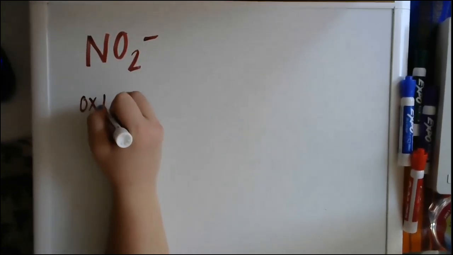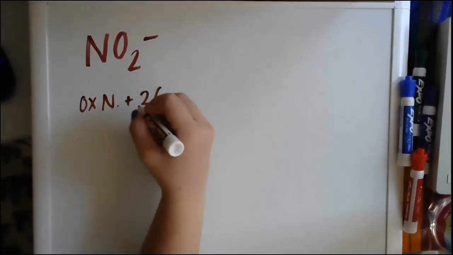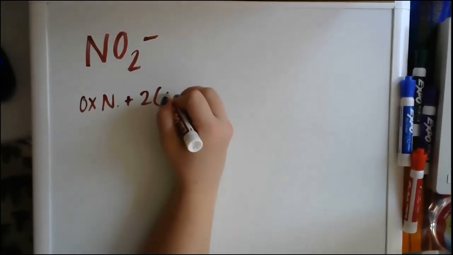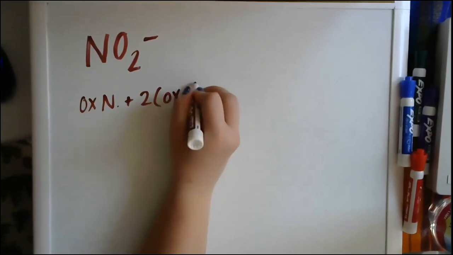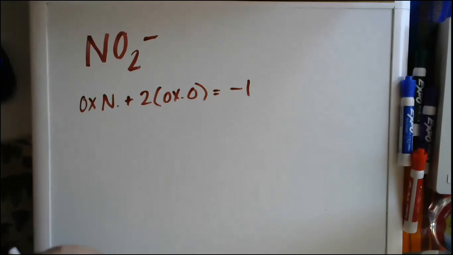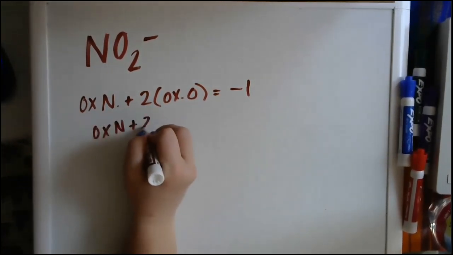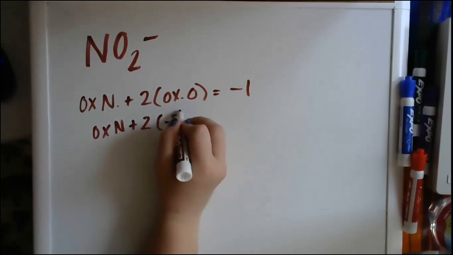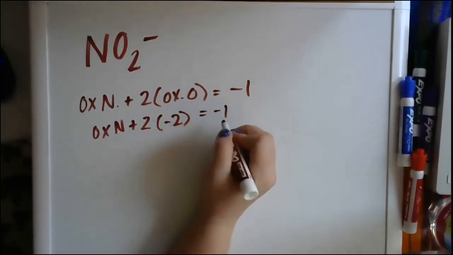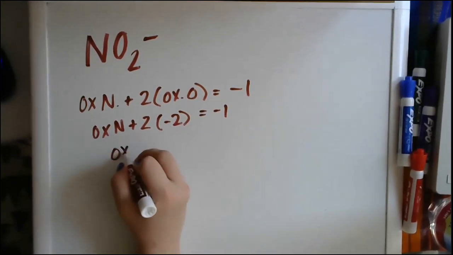So the oxidation state for nitrogen plus 2 times the oxidation state of oxygen is going to equal -1. The oxidation state of nitrogen plus 2 times -2 equals -1. I'd like to turn this into a little algebra problem.